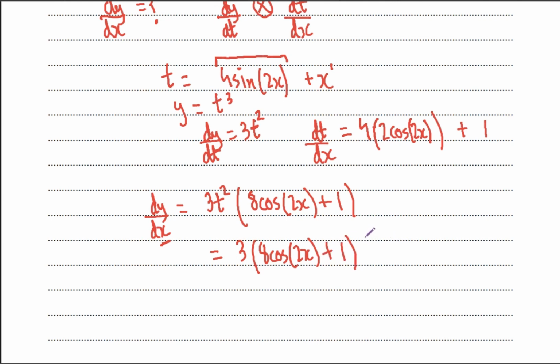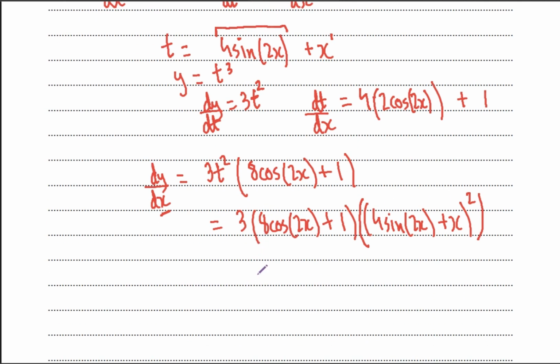Well, t is 4 sine 2x plus x, and then this bracket is all squared. Let me just draw them brackets nicely. That and that. And that's the derivative.